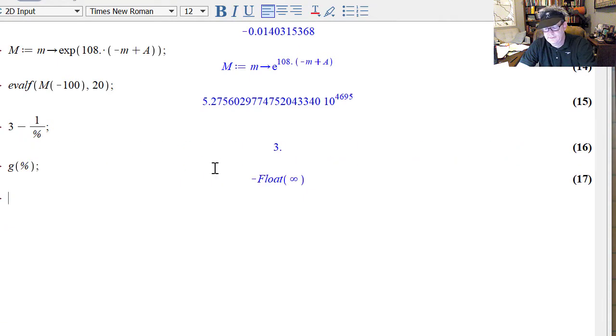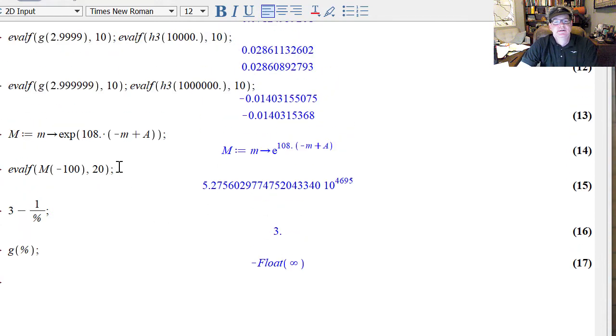But I can actually still do this. If I want to reach negative 1,000, so there's the number. And so 1 over that number, so close to 0. 3 minus that, very close to 3. So I think we get the idea.